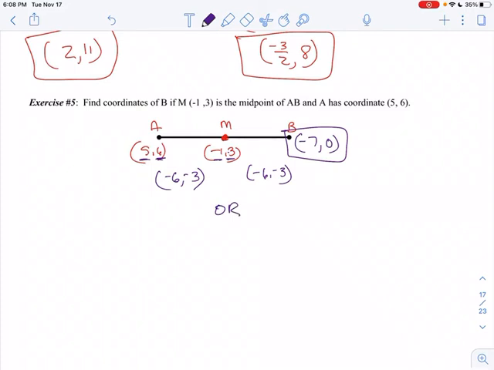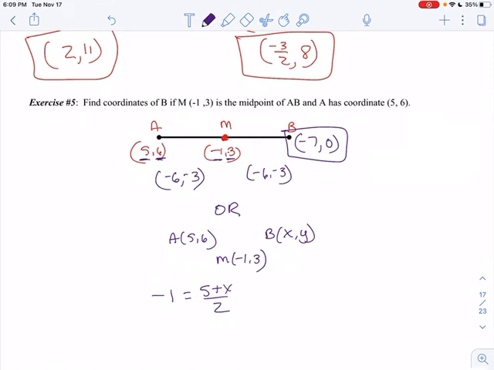The other way to do it is you could call B x, y. So basically A is 5, 6. B, I don't know what B is. I'm going to call B x, y. And I already know the midpoint, my midpoint is negative 1, 3. So basically the midpoint of the x is negative 1. And how do I get it? I add the x's, 5 plus x, and I divide by 2.